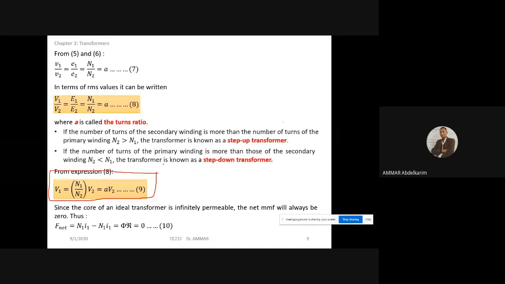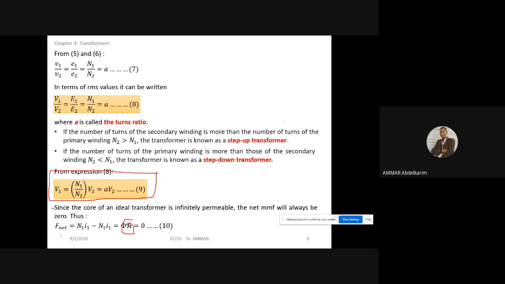Now let's move to the next point. Since the core of an ideal transformer is infinitely permeable, meaning the permeability is infinity, the net MMF is 0 because the reluctance is 0.